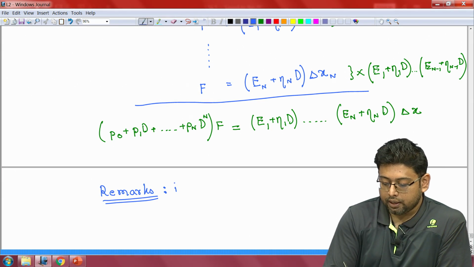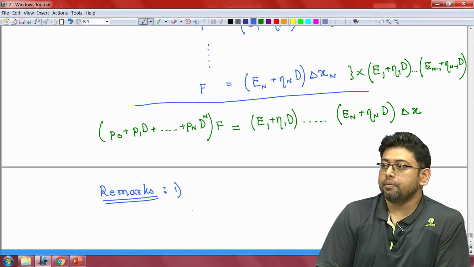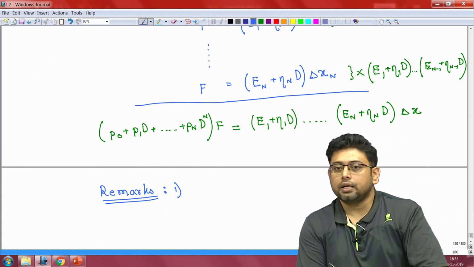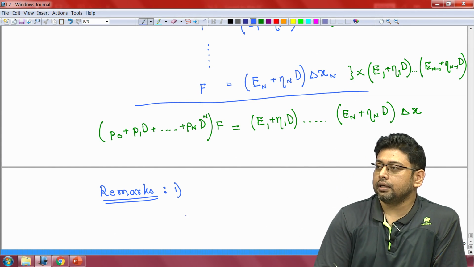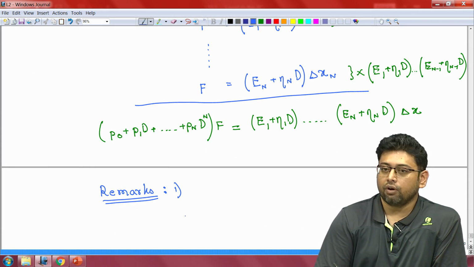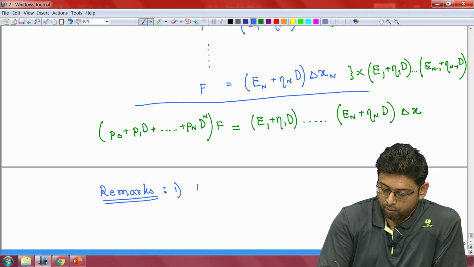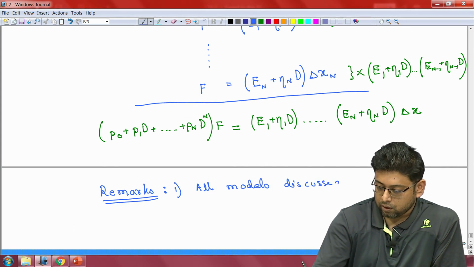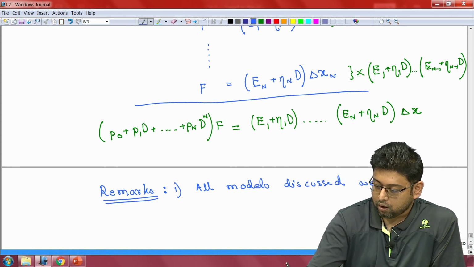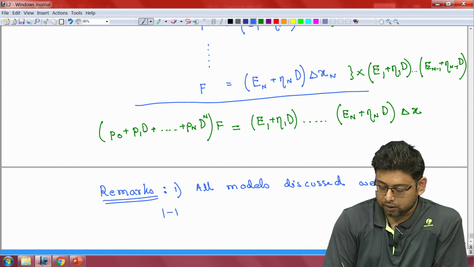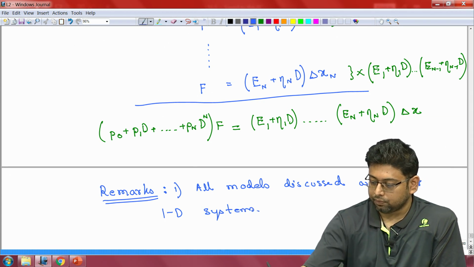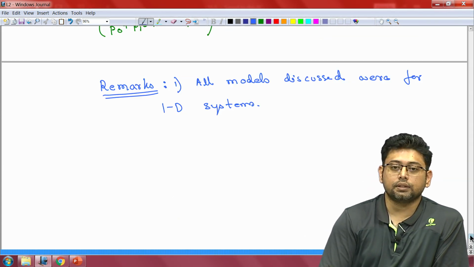So, all our discussion was always about one dimensional models, okay. Because we were calculating delta x, you have to remember that the way we formulated the entire model is valid for a one dimensional case. So, all models discussed were for one dimensional cases.